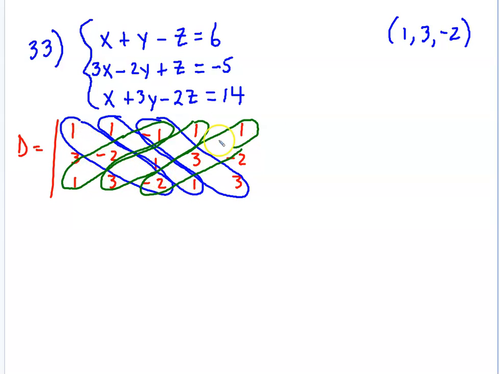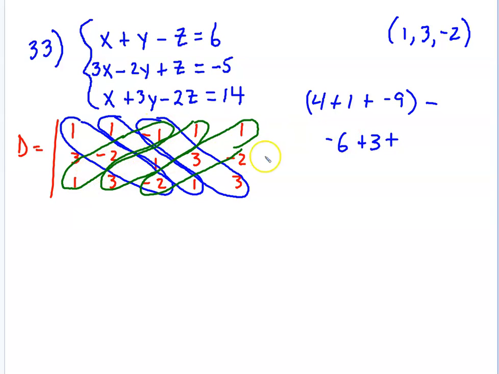So 1 times negative 2 times negative 2, that's 4, plus 1 times 1 times 1, that's 1. Negative 1 times 3, that's negative 9. And then we're going to be subtracting, going the other direction. That's negative 6, plus 3, plus 2.